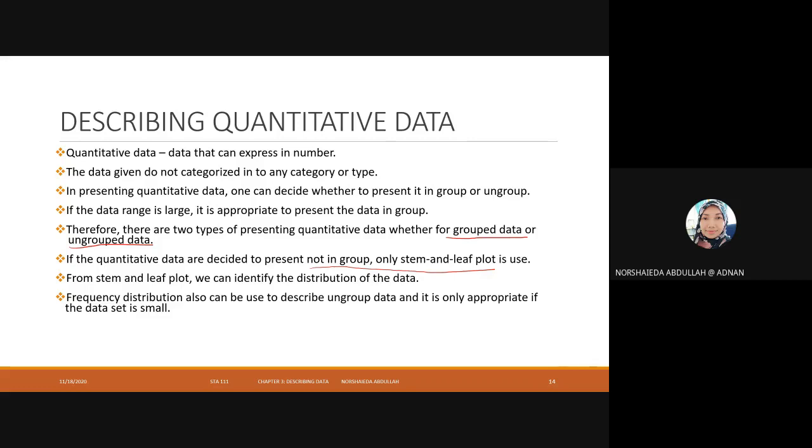The frequency distribution for ungrouped data, we can use to present data that is not in a large range. But if the range of the data is large, we need to group the data. For example, let's say we have data regarding the number of siblings of students in a class.